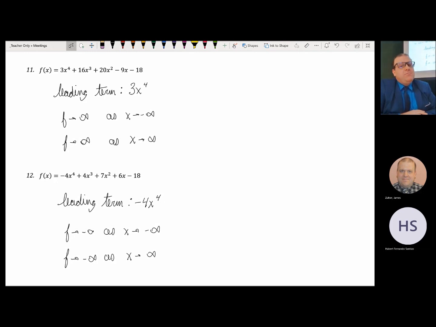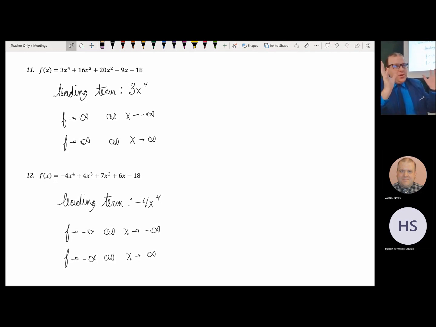Well, I want to be careful. When we're talking about power functions, yes. The polynomial itself may not be parabolic. Like some fourth degrees look like W's, which is not parabolic. But when you're talking about end behavior, yes.